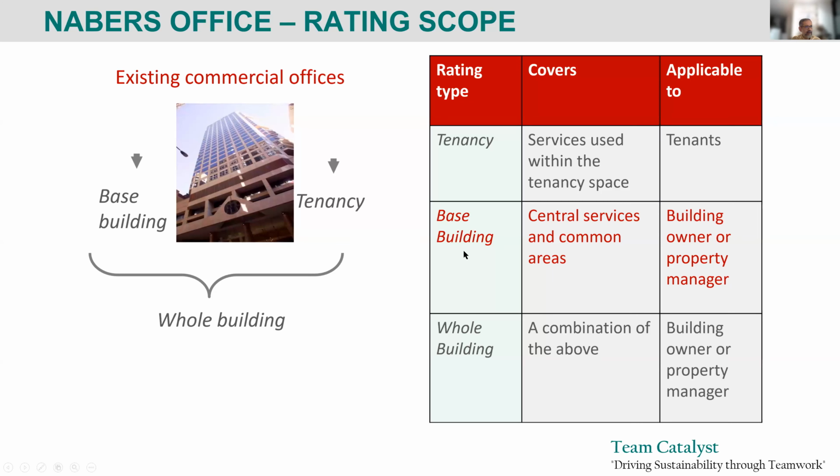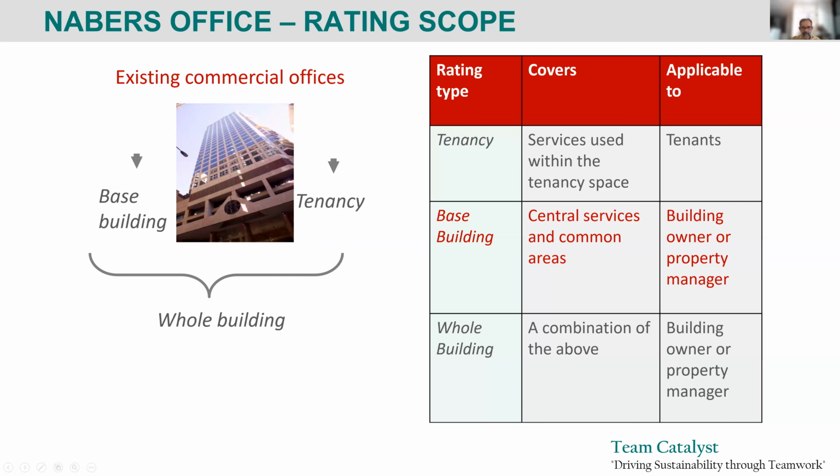So the building owner looks after many of the central services and common areas, and that's called a base building rating. The tenant pays for electricity and for lighting and electricity used within his premises, and he can get a tenancy rating. If there isn't metering available to split the two, then we use a whole building rating, which is kind of unusual in Australia.